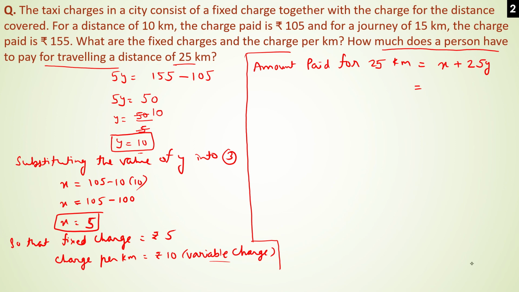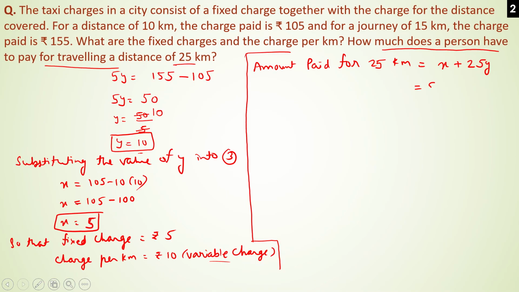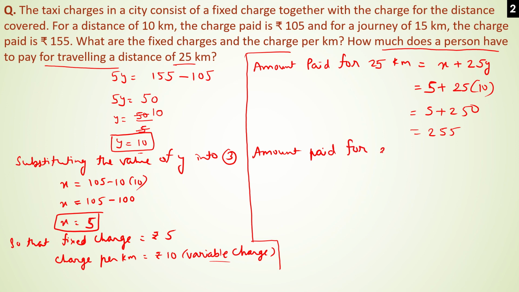So here, the value of x is 5 and the value of y is 10. So we get 5 plus 250, that means 255 rupees. So we can write the answer as amount paid for 25 kilometers equals rupees 255. That is the answer.